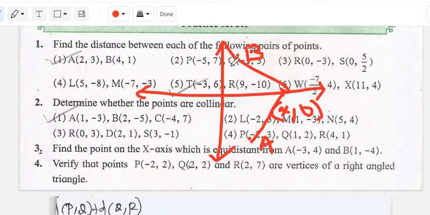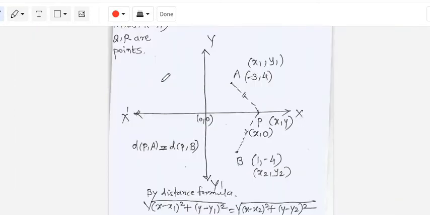That means we can write distance BP is equal to distance PA, and we have to equate this distance and we get the value of x. Now see the diagram.